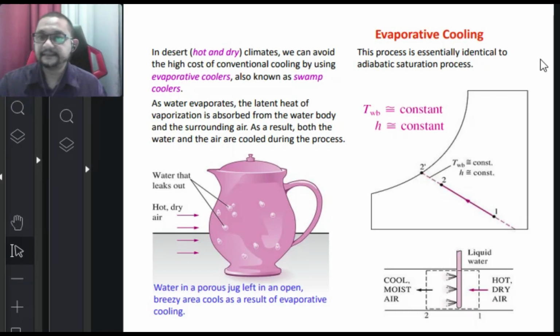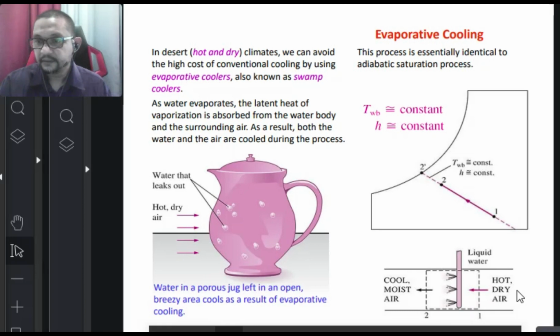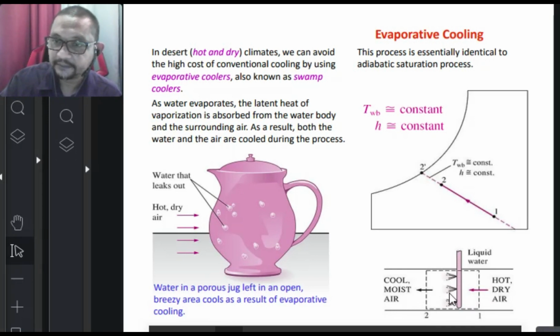The process is essentially an adiabatic saturation process. So what is constant here? Wet bulb temperature and enthalpy are constant. If you look at the psychrometric chart, this is where T_wb and h are constant. Hot dry air goes through the humidifier, and then cool moist air comes out here. This is what happens in evaporative cooling.